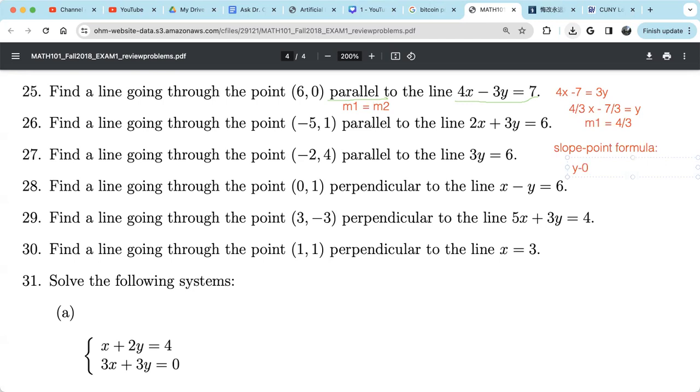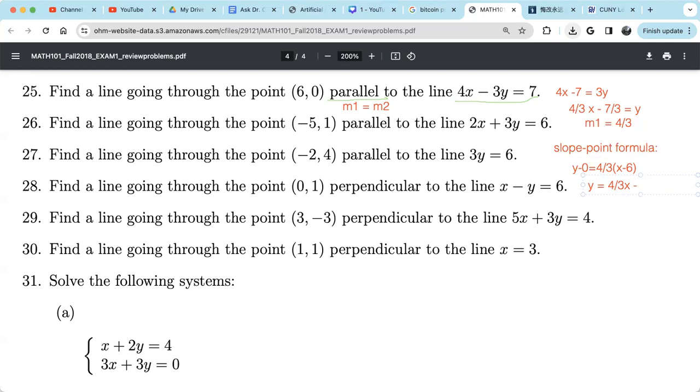So we have y minus 0 equals 4 over 3 times x minus 6, because the given point's x value is 6. Now we simplify this equation. y minus 0 is just y. So y equals 4 over 3 x minus 4 over 3 times 6.